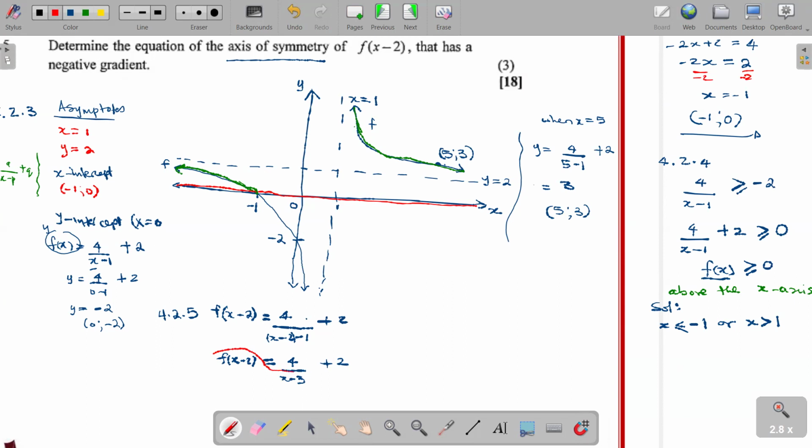Here we only take the denominator, and the part which is on the denominator is going to be multiplied by negative, to get the equation of the axis of symmetry having negative gradient. And take note, this part here, which is on the left hand side, will be replaced by y.